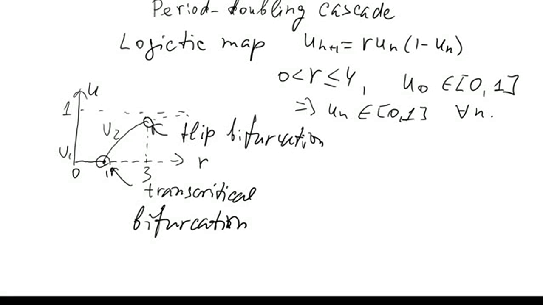And it's called a flip bifurcation because at this point, when r equals 3, fixed point u2 becomes unstable, fixed point u1 is also unstable, and in fact what is observed in this dynamical system when r slightly exceeds 3 is this kind of flipping behavior.